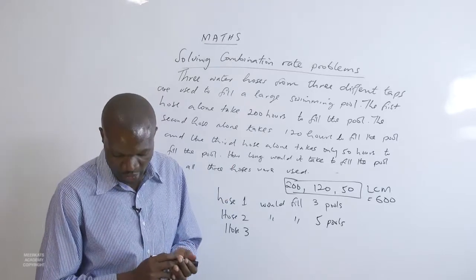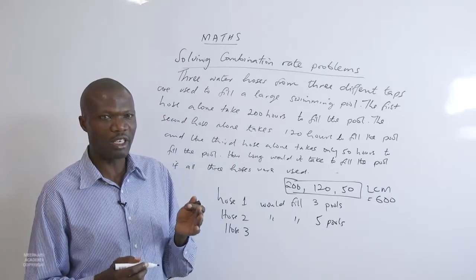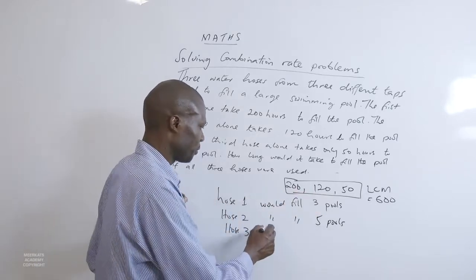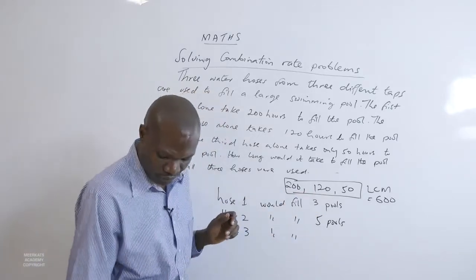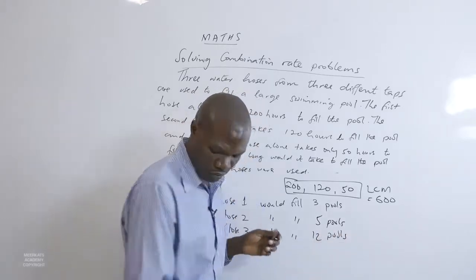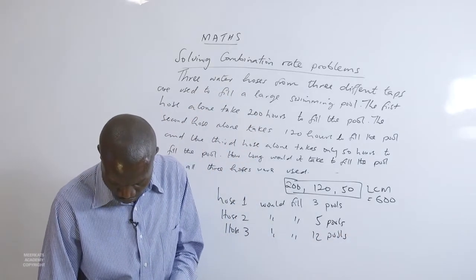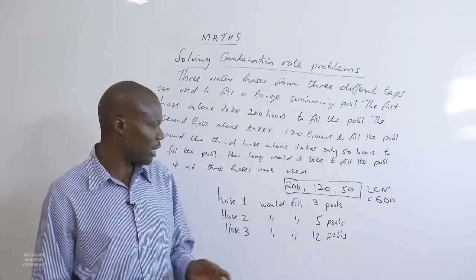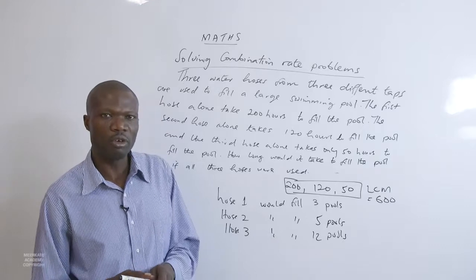Can you tell me how many pools would 600 hours fill for horse 3? So you'll find that it will be 12 pools.